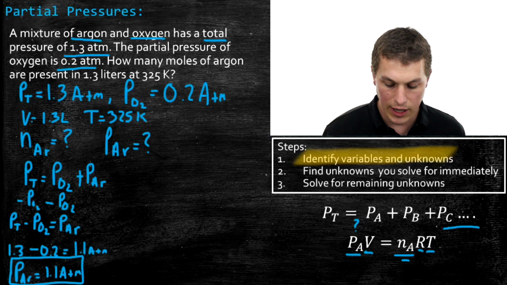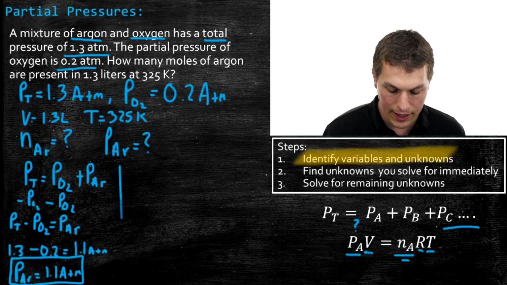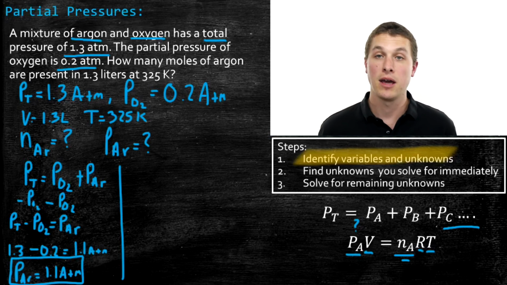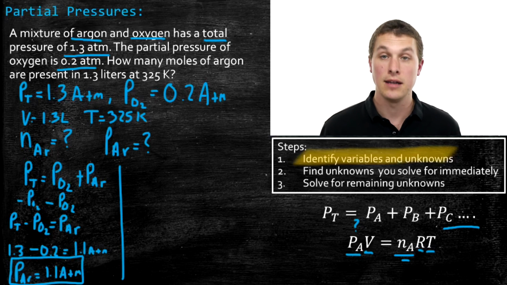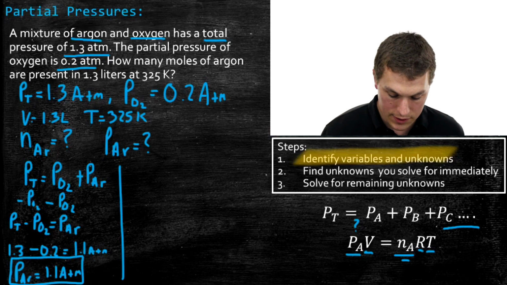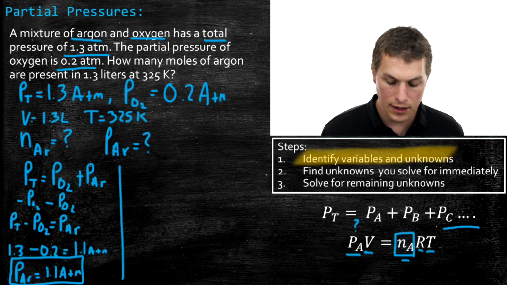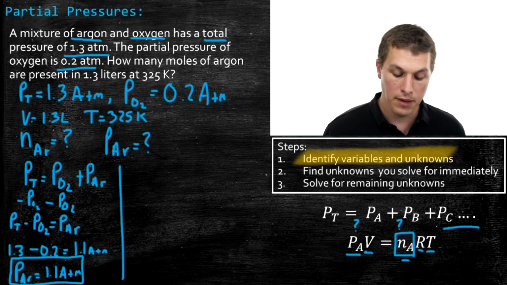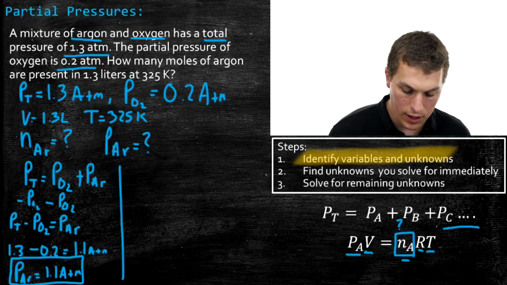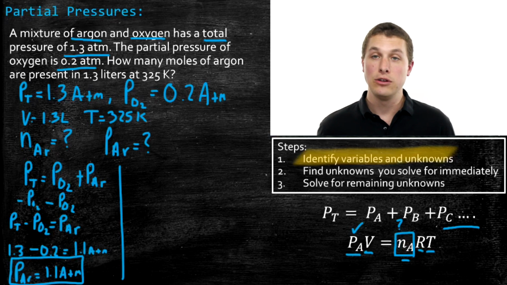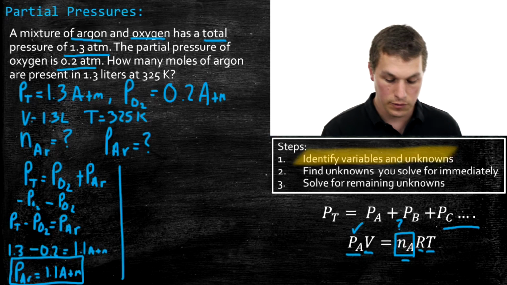And that's really helpful because now I can go back and say, oh, when I was looking at my ideal gas law equation, I noticed that I had everything I needed to solve for my moles, right? I wanted this moles right here, and I didn't have that, but I did have my temperature, my gas constant, and my volume, and now I have my pressure for argon. So I can erase that question mark. I have that now. And so now I can use that ideal gas law equation to solve for moles.